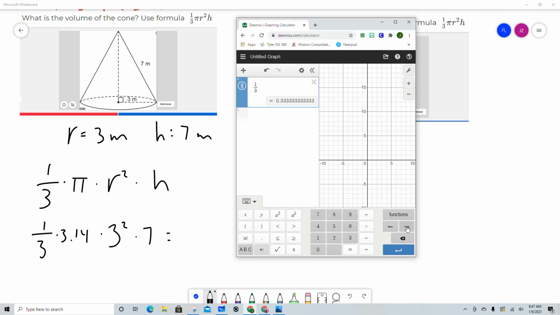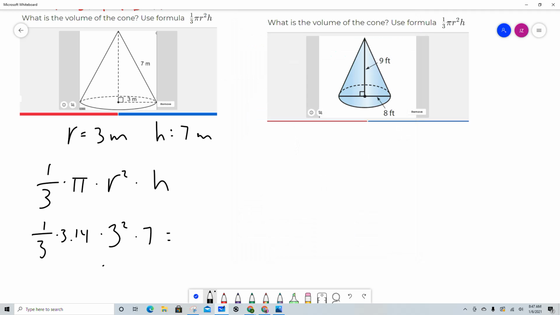So you have to press to the right, and now that it's outside of your fraction, you can put times 3.14 times 3 squared times 7. If you don't move that arrow to the right, it's not going to give you the correct answer. All right, so the answer for this one is 65.94 cubic meters.